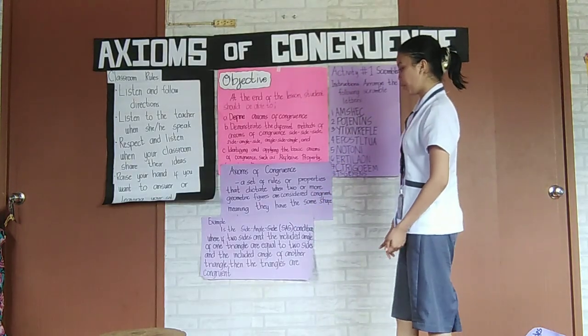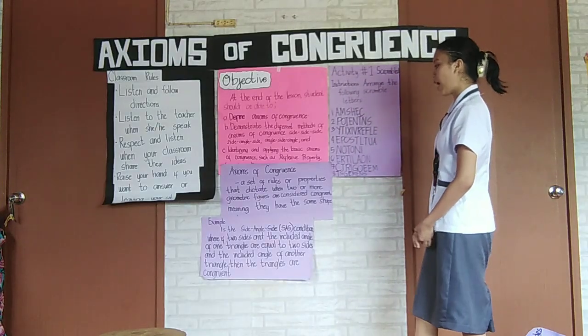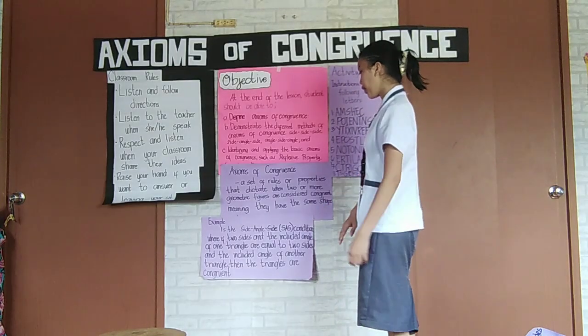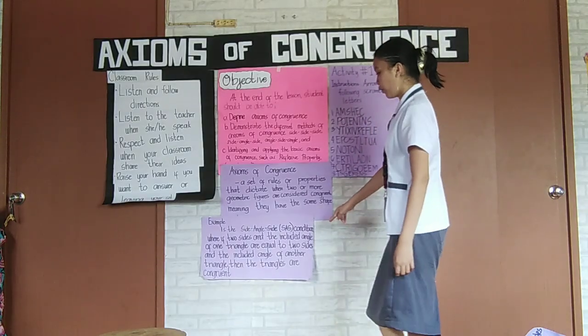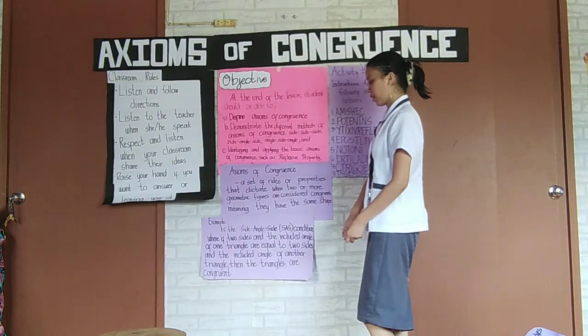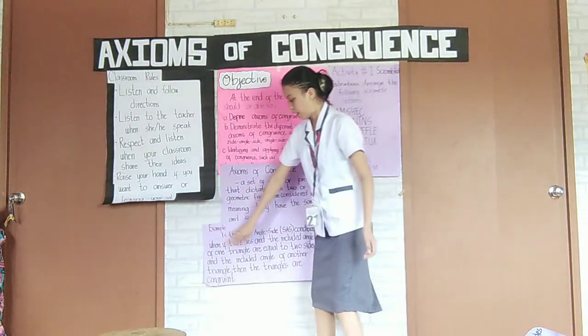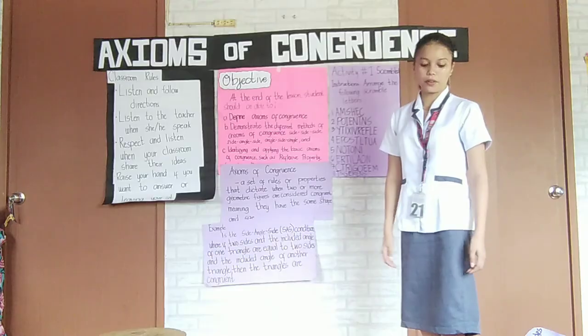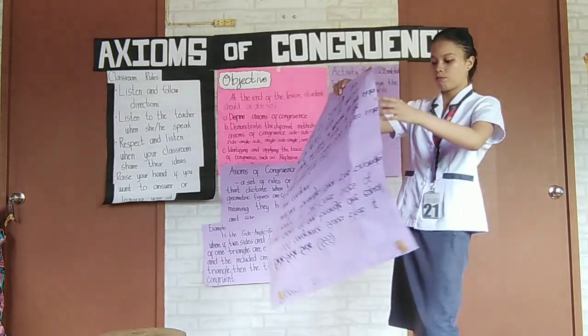Side angle side condition, where if two sides and the included angle of one triangle are equal to two sides and the included angle of another triangle, then the triangles are congruent.